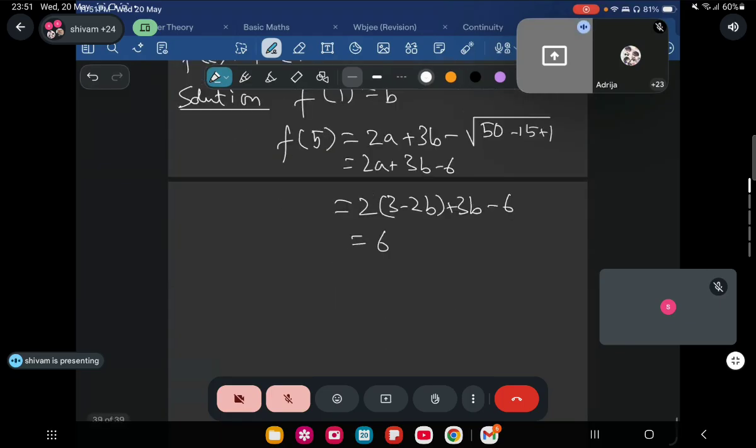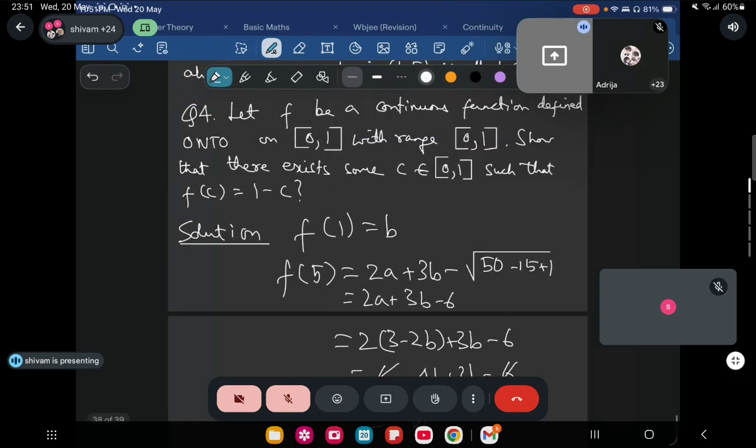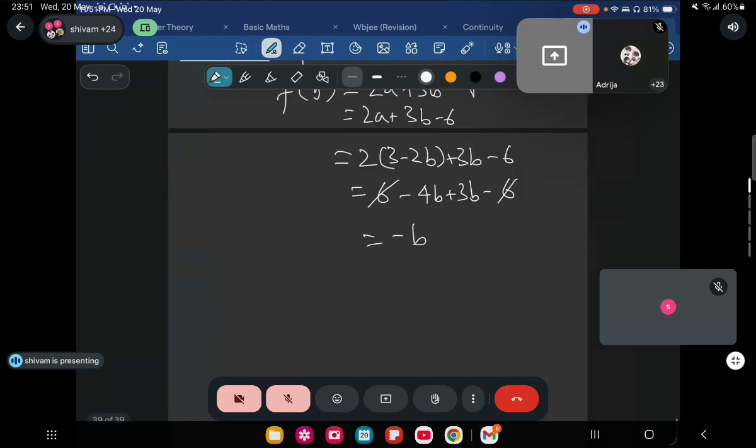This will give us 6 minus 4b plus 3b minus 6. These two will get cancelled. You are going to get minus b. So I've got f of 1 equal to b. F of 5 is equal to minus b. F of 1 into f of 5 is equal to minus b square, which is less than 0, everyone.